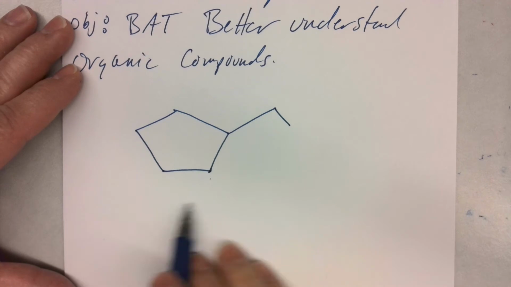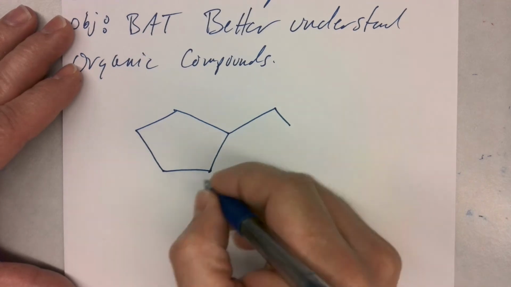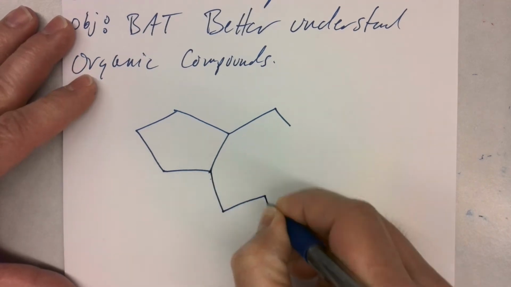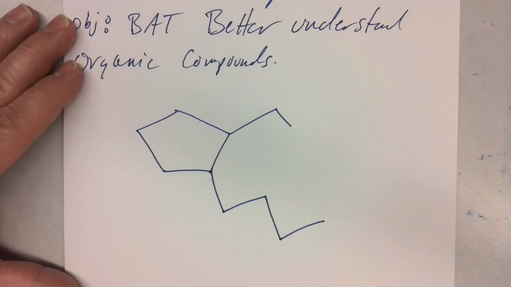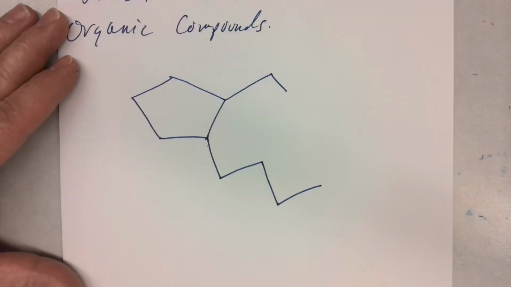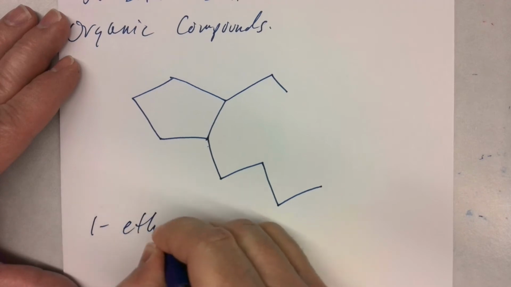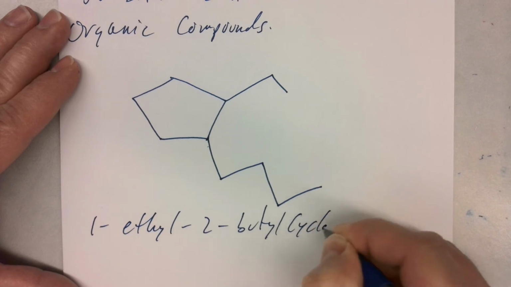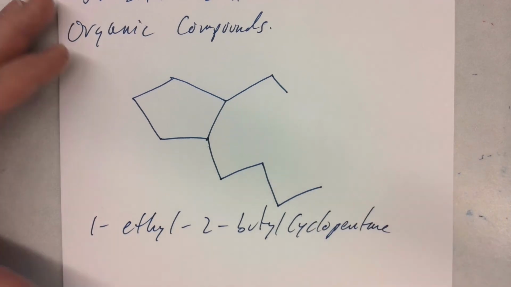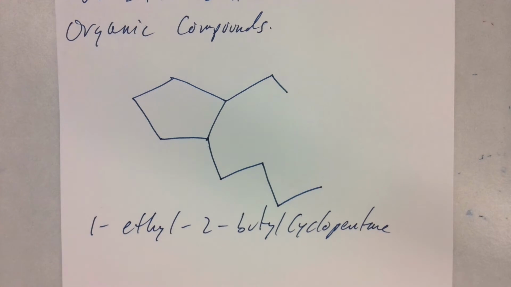Right next to it, yeah. So this is the butyl, so 1, 2, 3, like that? Yeah. Okay. And then it has a name for it, which is 1-ethyl 2-butyl cyclopentane. Like that? Yeah. Okay. And then it says what is incorrect about the name assigned to the structure shown.